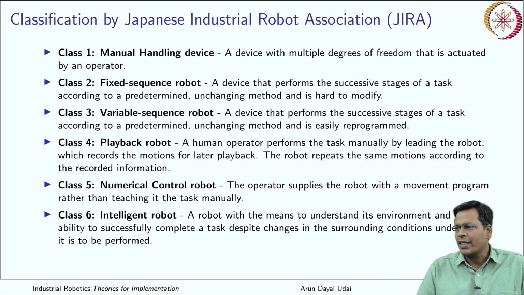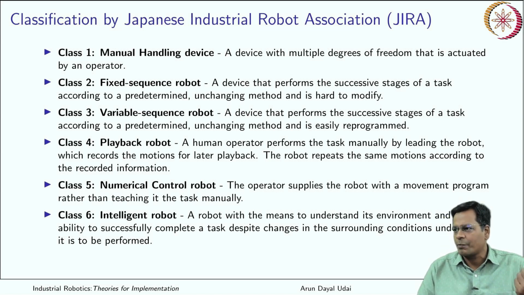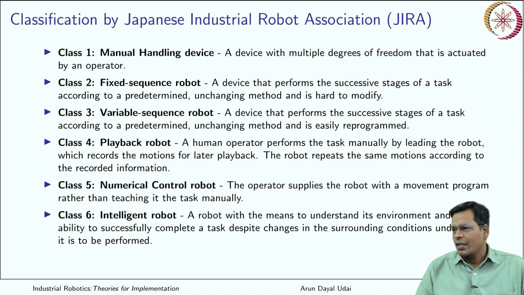So in this case, now the picture of a complete intelligent robot has come in. It can not just do the task for which it is programmed, it can understand the environment, it can understand any changes, and it is ruggedized to work despite any surrounding changes. So that is class 6 of these robots.